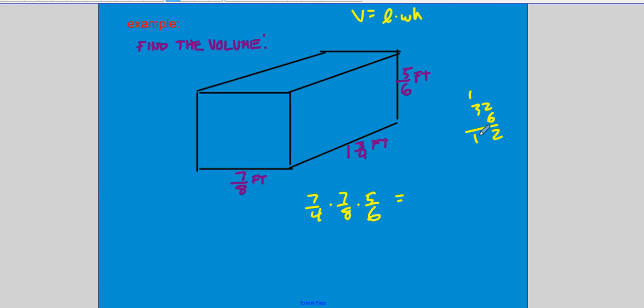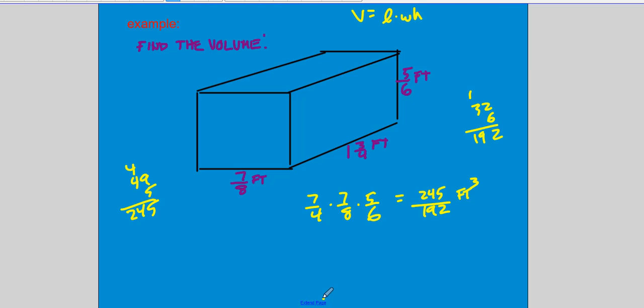That's 192. Then on the top, this is 49 times 5. That's 45, carry a 4. 4 times 5 is 20 plus 4 is 24. So we have 245 over 192, and that's going to be cubic feet.